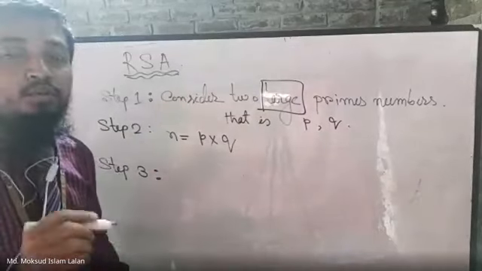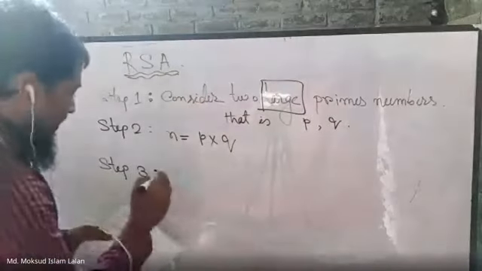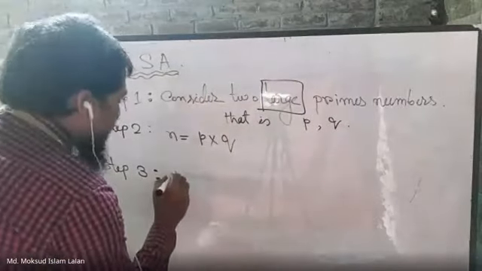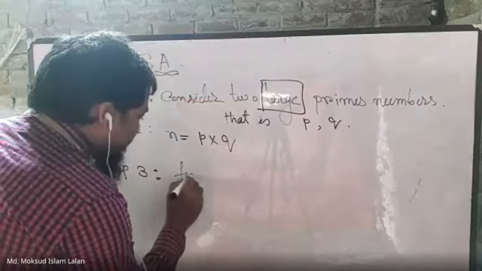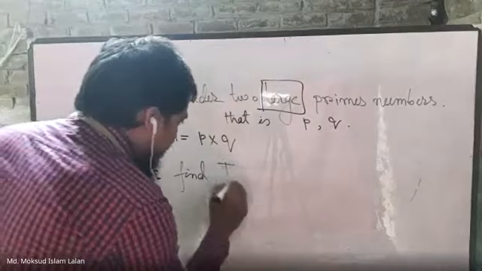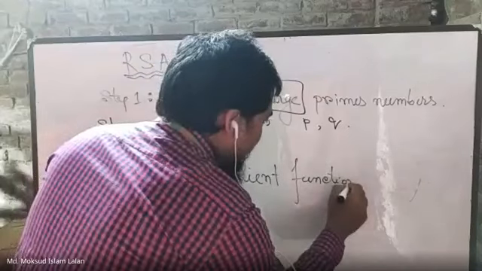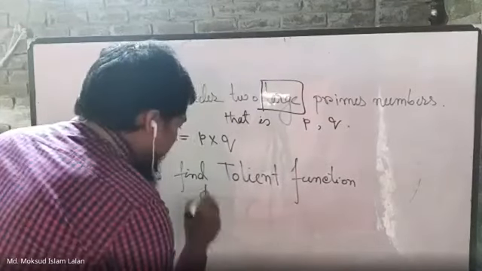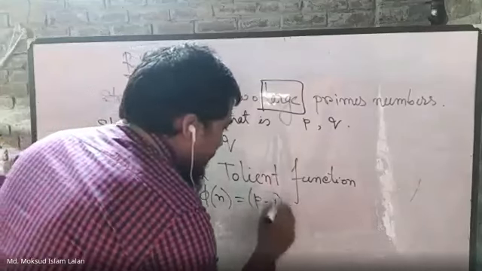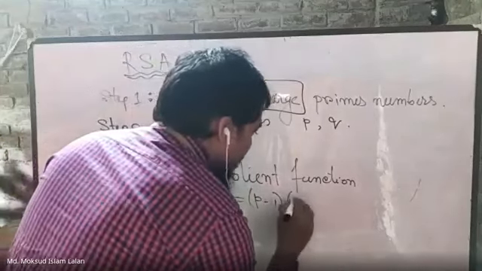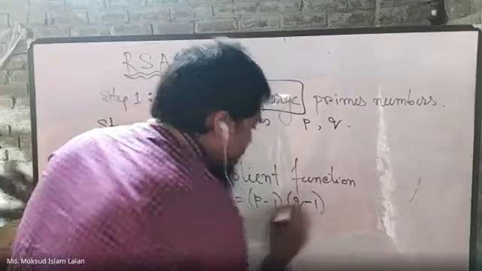Step number three. You have to find the totient function, right? I mean, you need to find this. Then find the totient function, which is denoted by phi of n, which is equal to p minus 1 times q minus 1.